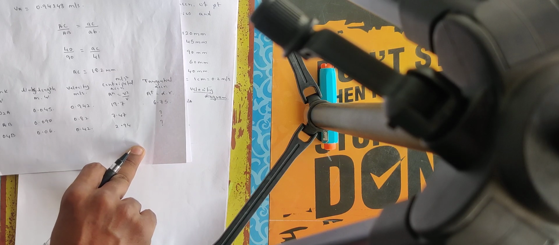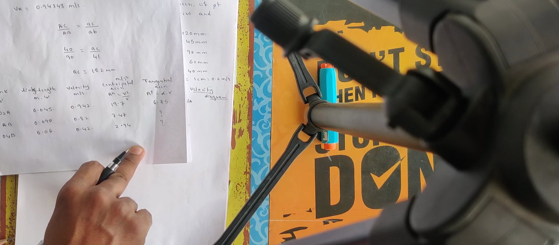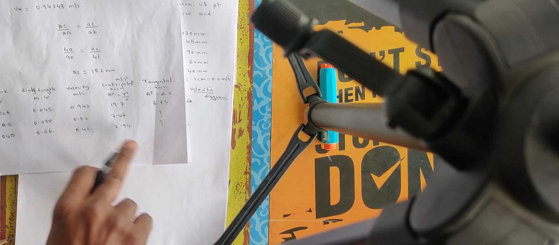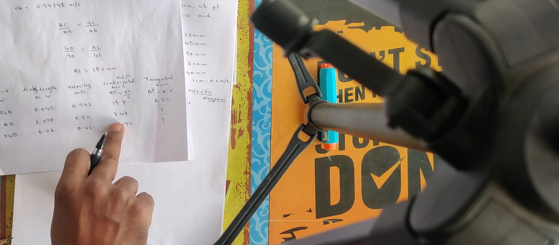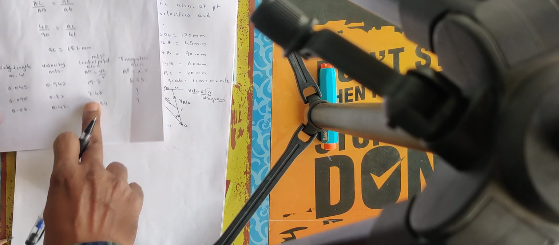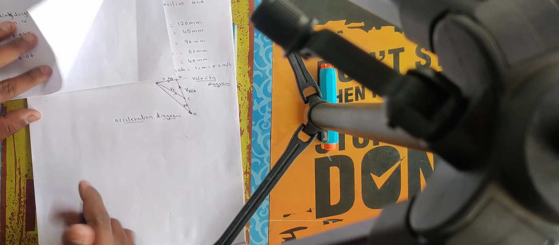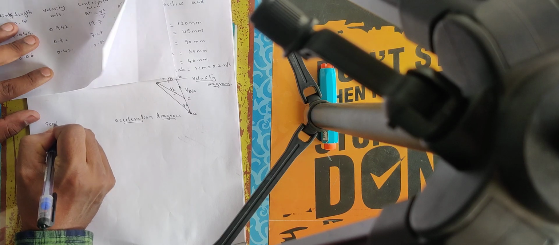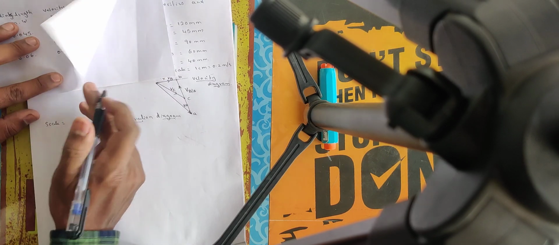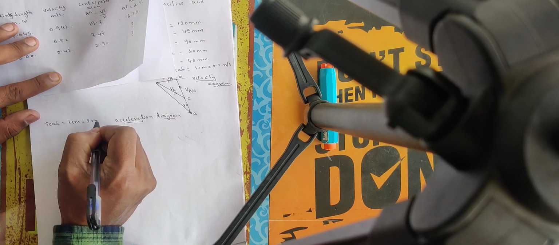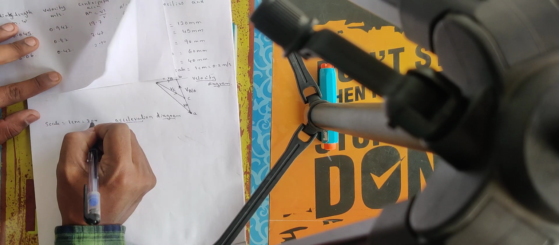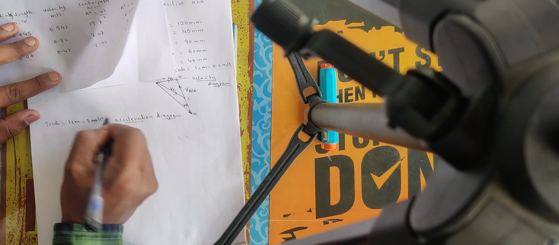Okay, so next we'll start with the construction with the help of these values. So if you just observe the dimensions, the dimension is 19.7 here. So what I'll do is I'll take a scale, so I have to mention the scale all the time. Scale will be equal to 1 centimeter is equal to 2 meters per second square.